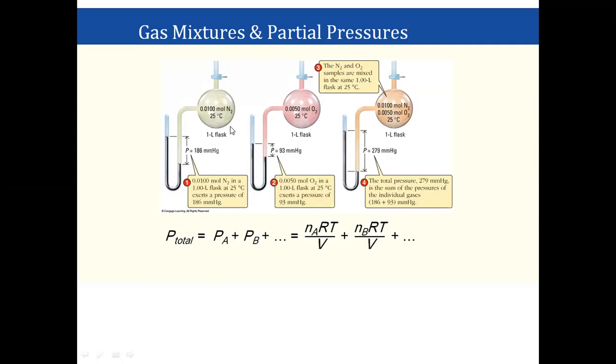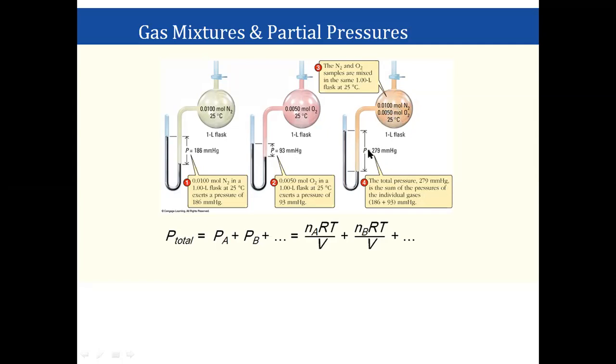So N2 and O2 are mixed in the same 1 liter flask at 25 Celsius.